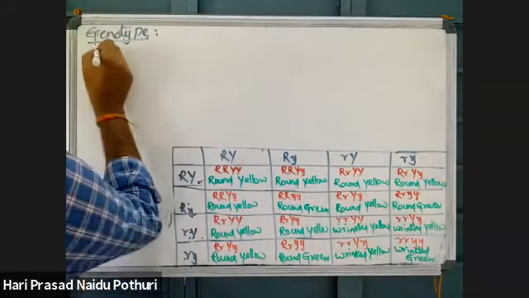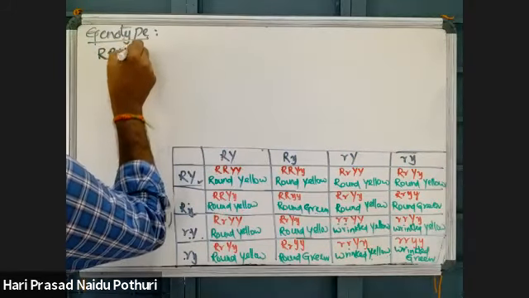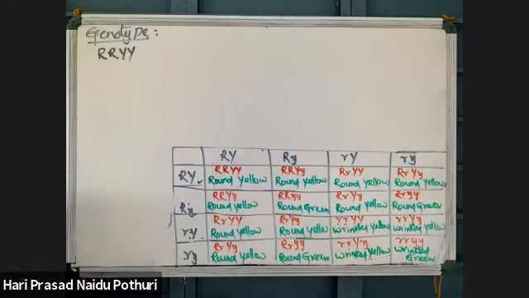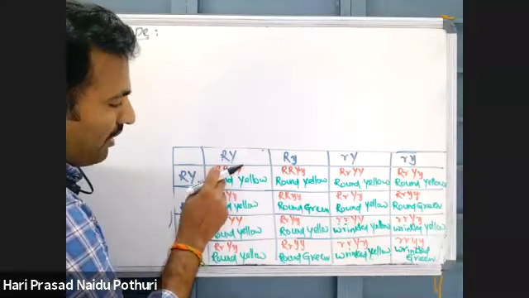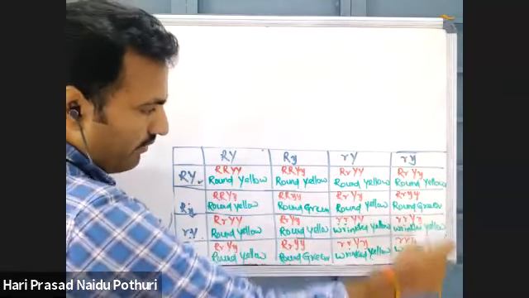Genotype, capital R, capital R, capital Y, capital Y. This is one genotype. How many capital R, capital R, capital Y, capital Y are there anywhere?